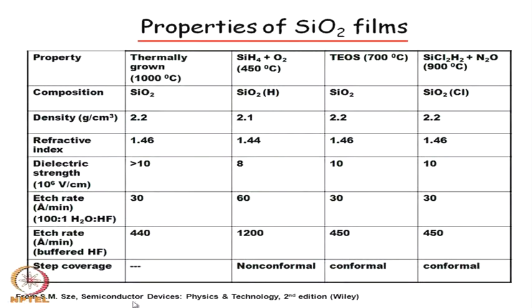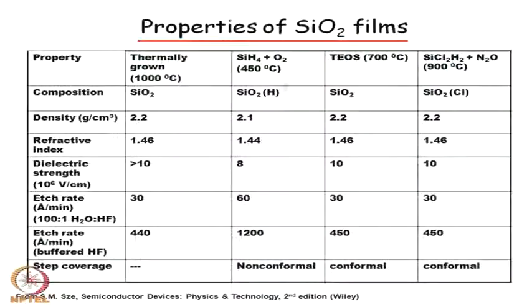Now, another important property is the step coverage. The step coverage means how the semiconductor piece or how the substrate is covered. In thermally grown oxides, obviously there is no need for step coverage, so it cannot be compared with other CVD processes. Here in the CVD processes, you see that it is non-conformal for silane oxygen reaction.